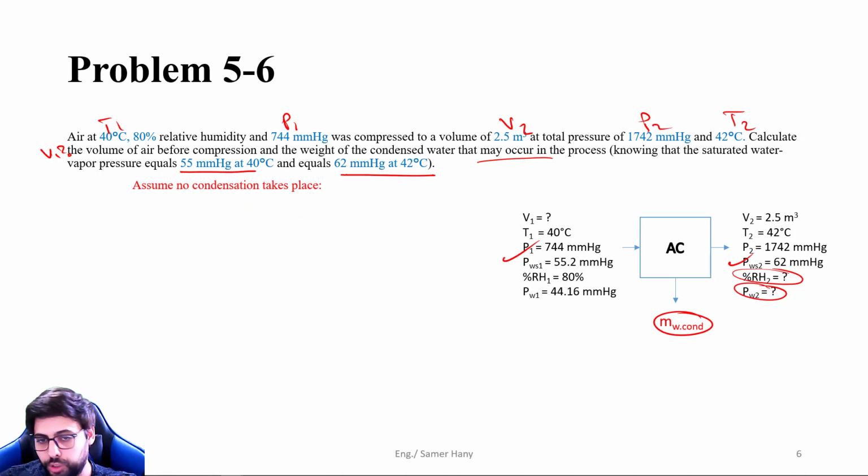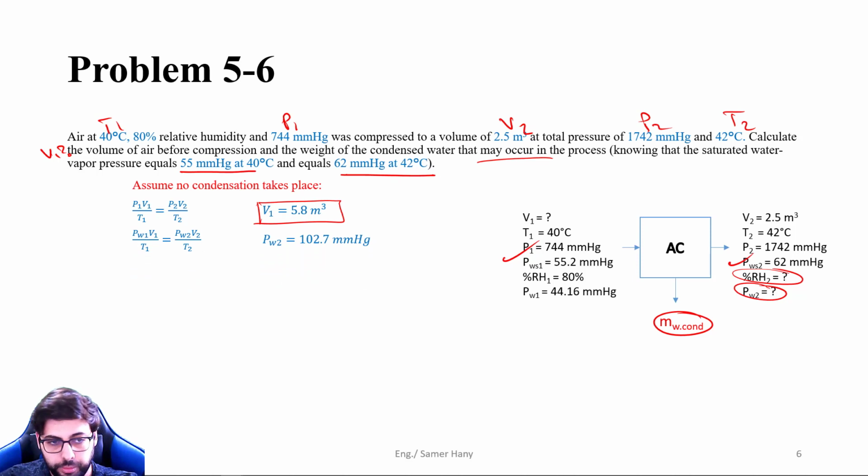Right, so how to solve this? We will first assume that no condensation took place, and we'll just work directly with the relations. Assuming that no condensation took place, then the total number of moles before and after is the same, including the water, since no water was condensed. So we get the volume 1 from this relation.